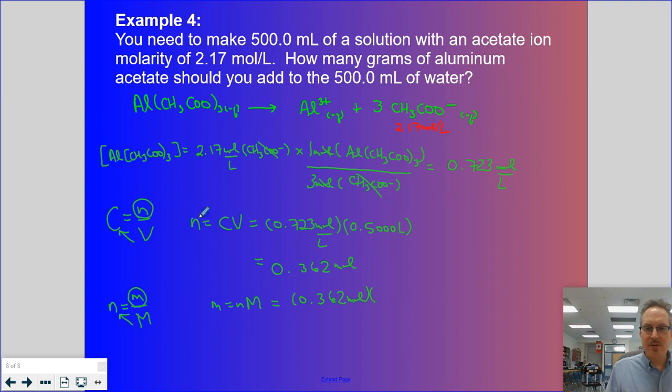So my molar mass is, I believe, 204.13 grams per mole. So I'm going to multiply my 0.362 times my value, and I'm going to get a mass of 73.8 grams. Again, this is no different than question 3, except we're going in a backwards order.